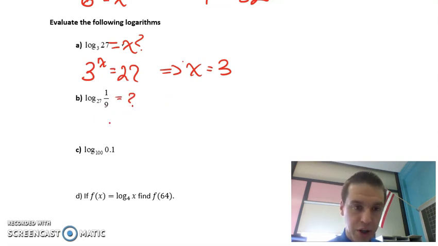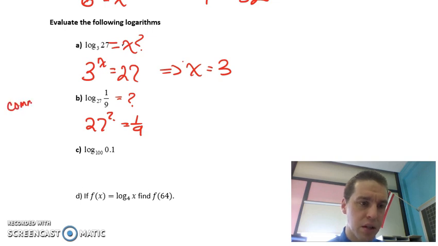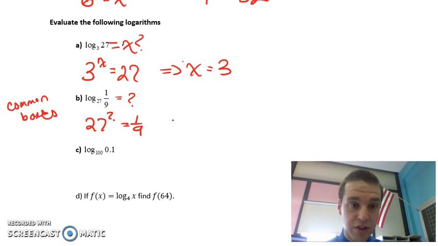This one, again, if I put a question mark there, 27 to what power equals 1/9? Well, this is a little more difficult because we have a fraction here and we have 27. So the first thing we want to do is put common bases. We did this in the exponential unit. Remember that we can rewrite 27, we actually just did it right there, as 3 to the third.